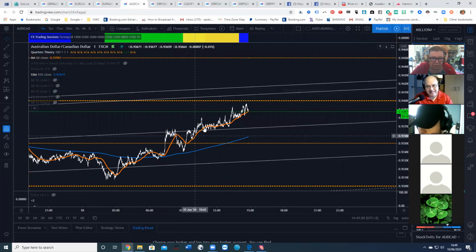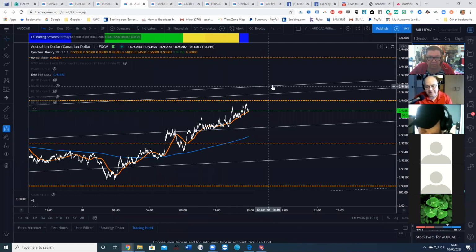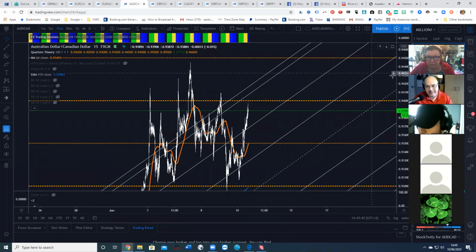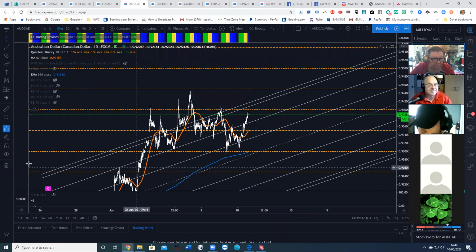So the orange, it's still hugging along the orange, respecting that. It's in a buy mode. It crossed over halfway through Tokyo. It has cleared the pitchfork as well, and it's coming up to quarter theory to the extensions. And that's the chart it's in.